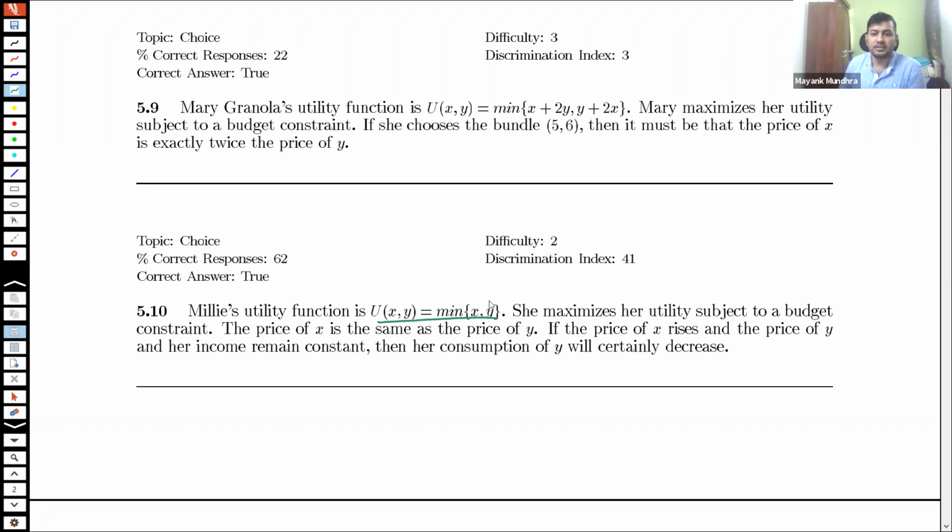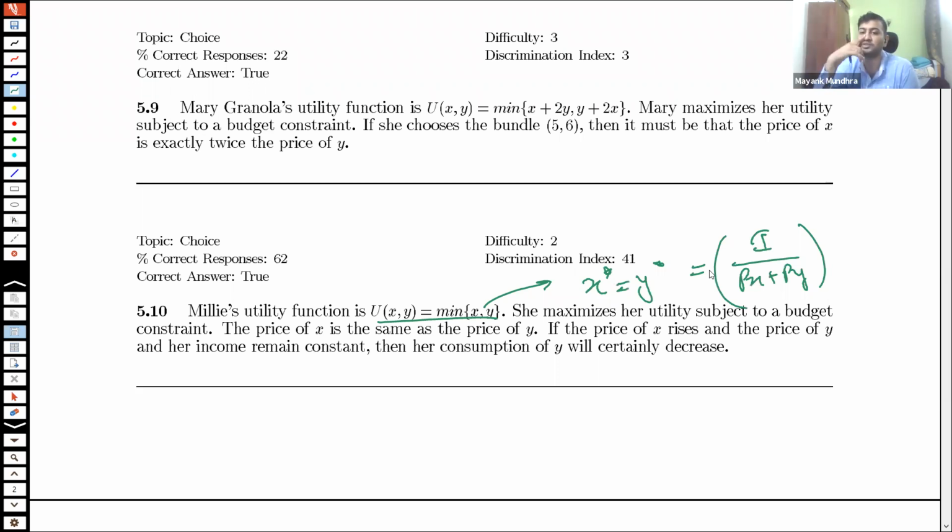Okay, so in this case, she has a limited budget. So you have to find the Marshallian demand for good x and y. So we have seen that x star comma y star in this case is I by px plus py. In fact, x star equals y star equals I by px plus py. This is what we get in case of min function.